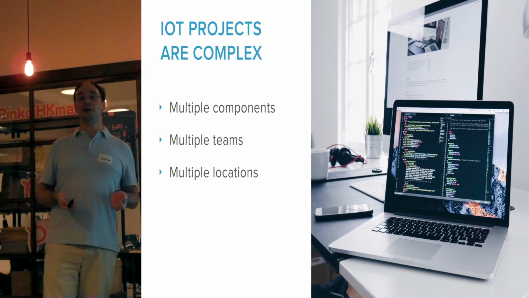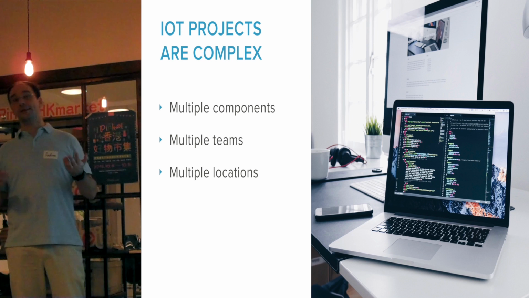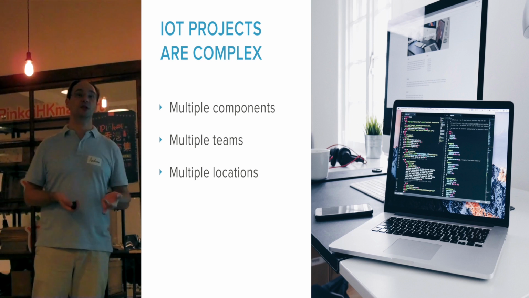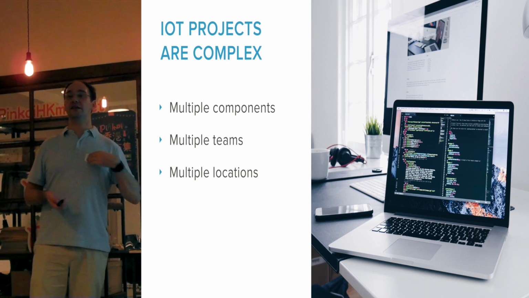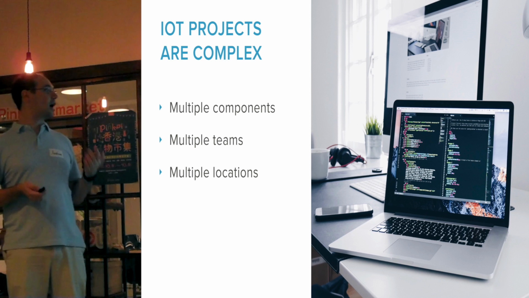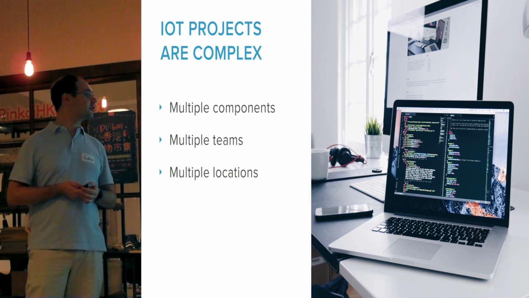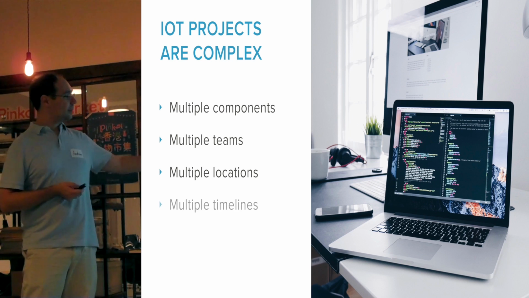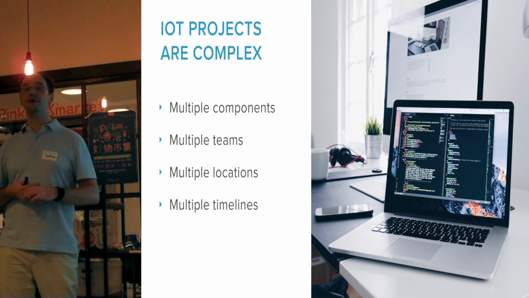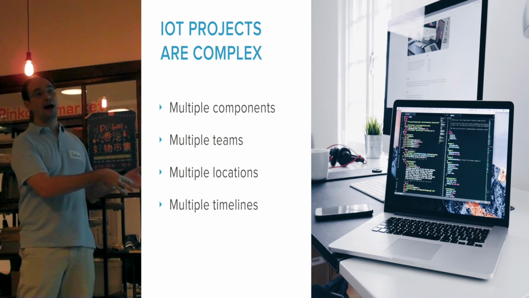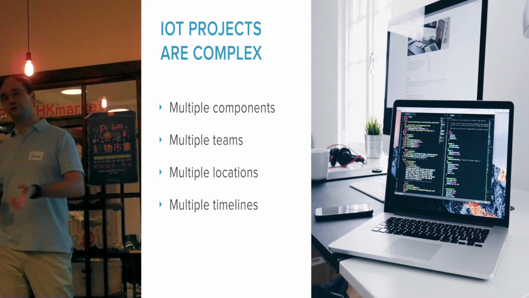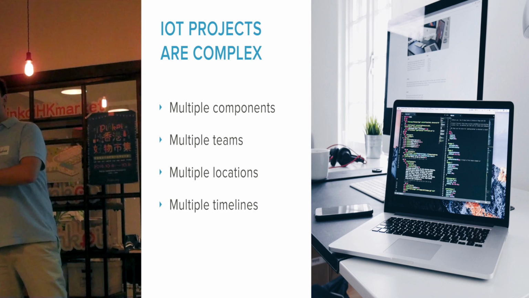Often those teams are in multiple locations because you would have, say, a mobile app team in Hong Kong, the firmware team in Shenzhen, and the team developing the enclosure probably not in Shenzhen or Guangzhou, but in different locations in mainland China. Because of this, we also have multiple timelines. Often the simpler hardware parts are developed before the PCB, which is developed before the firmware or in parallel, often before the app.